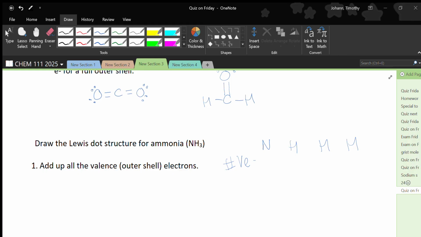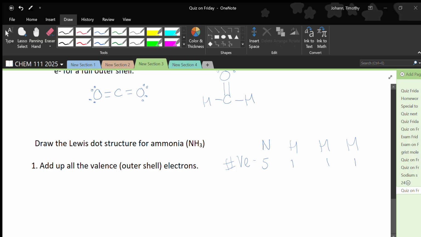Right, okay? So remember, the periodic table is your friend. We're going to use the periodic table to get to that 1, 2, 3, 4, 5. Everything below it or above its row is inner shell electrons, so we don't count that. 5. How many does hydrogen have? 1, right?